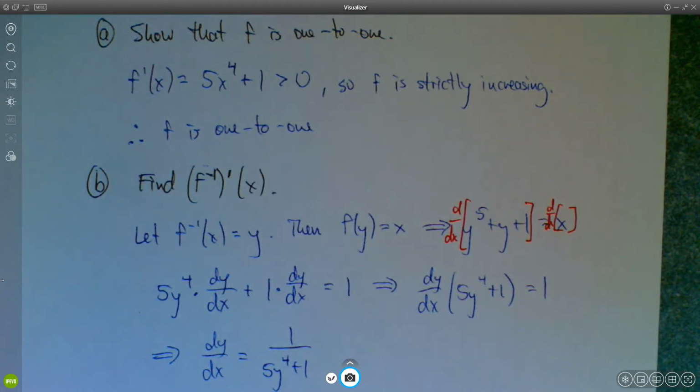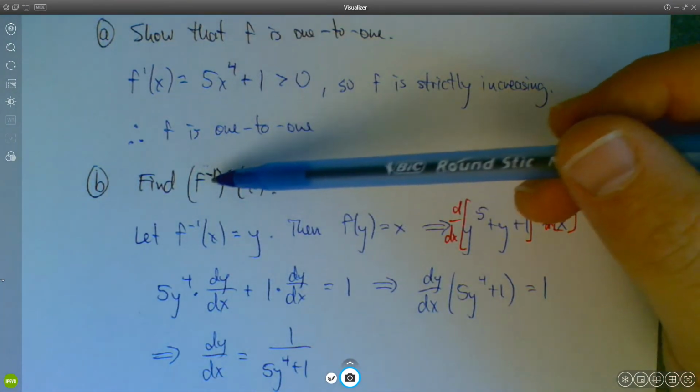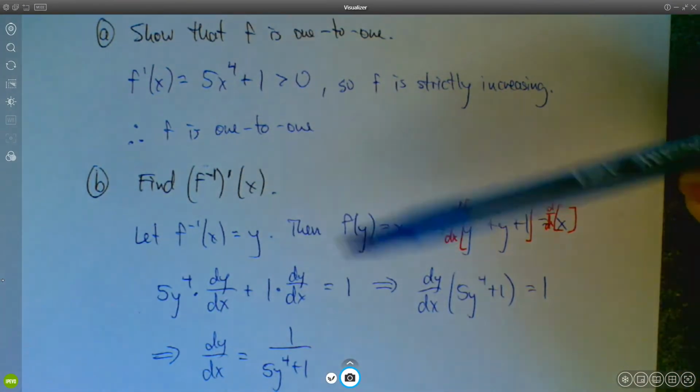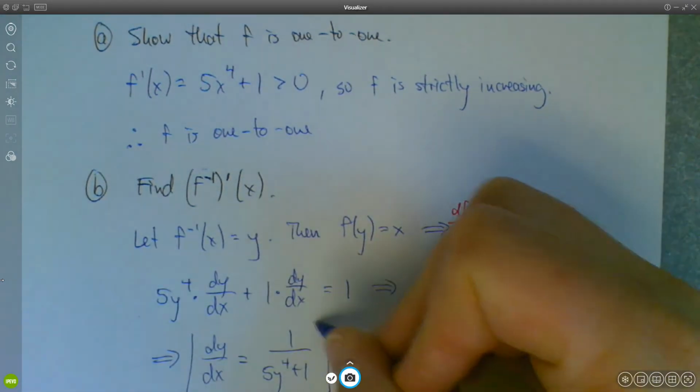Okay. So there's f inverse prime of x, right? And we got it by doing some implicit differentiation.